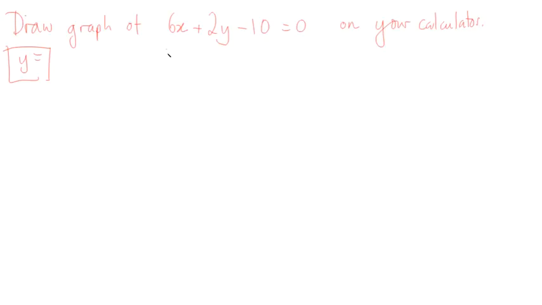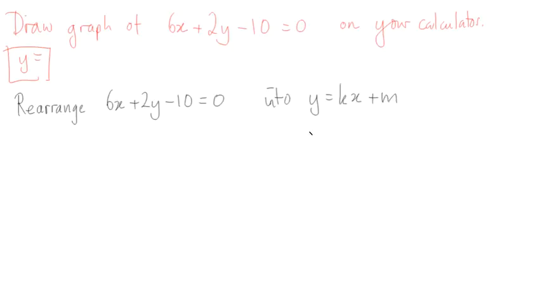So how are we going to do that? We have to get y on its own. So we have to rearrange this thing, 6x plus 2y minus 10 equals 0, into the form y equals kx plus m. So we just simply have to do a bit of algebra, a bit of rearranging. First of all, I want y on its own on the left-hand side.